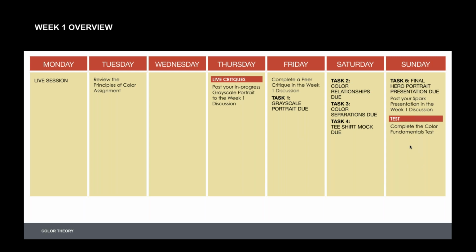Every week there's going to be something due on Sunday. So I've set this up to provide maximum feedback on your work before you turn in, and also you have the whole week to manage your time. I know people have different work schedules, and sometimes the boss calls up and suddenly schedules you for a shift you weren't expecting.